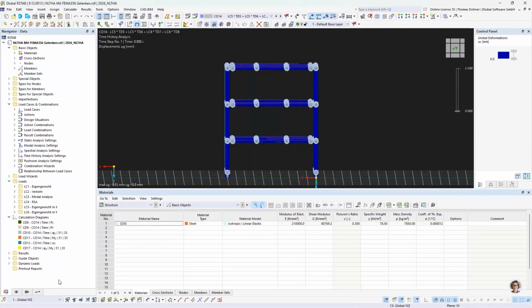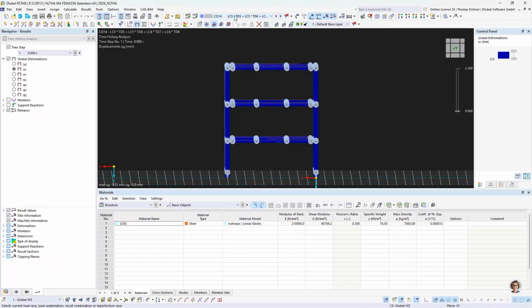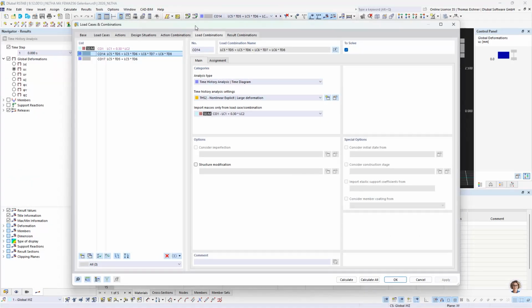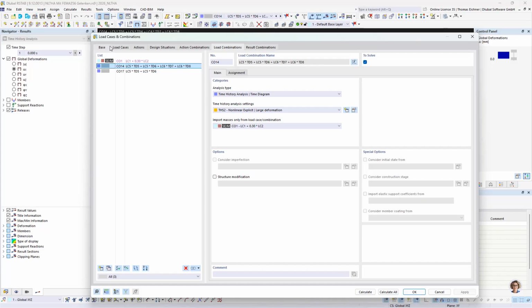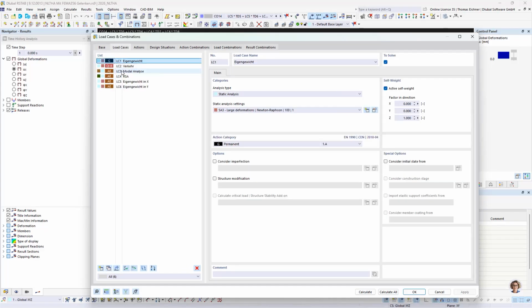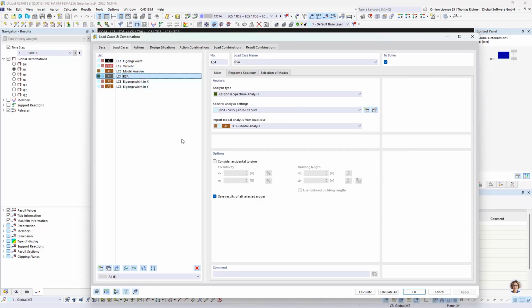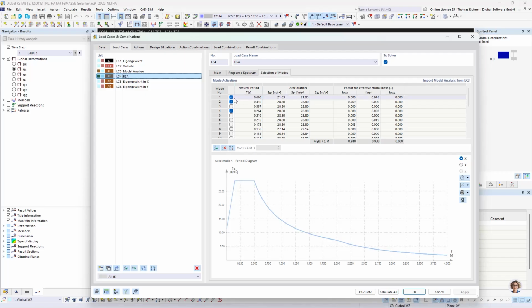Let's see, we will just go for a non-linear time history. That's the model where I did some tests. What I did there is a modal analysis and a response spectrum analysis, and I got this information of the modes.